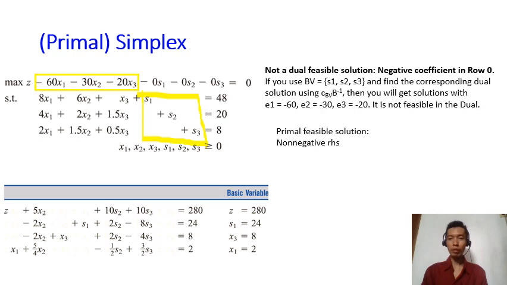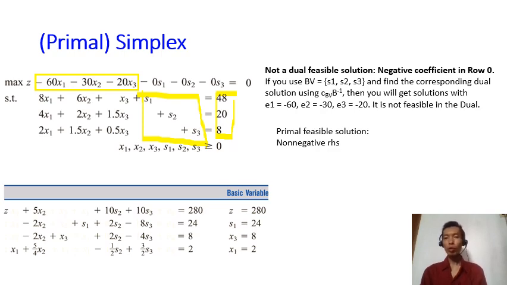However, it is primal feasible. It is primal feasible because all the right-hand side is non-negative. Okay, so that's how we start the simplex algorithm for the primal problem or the primal simplex.